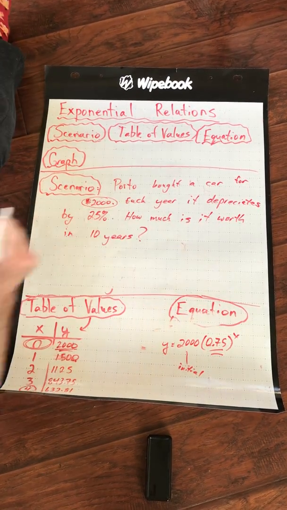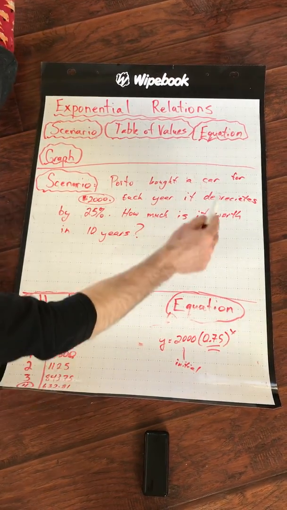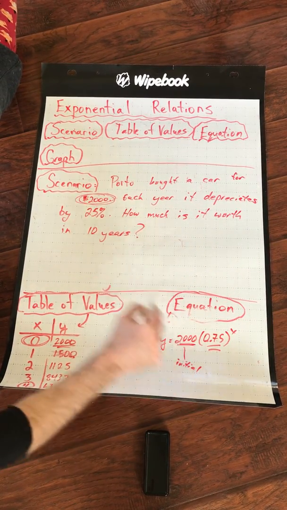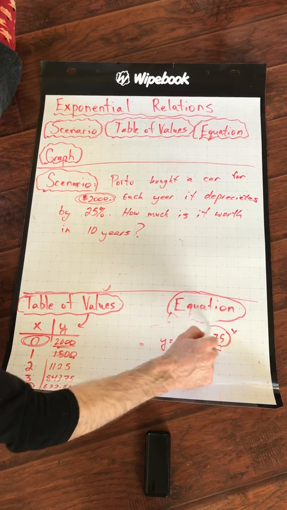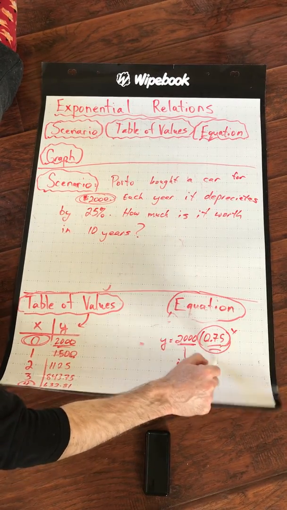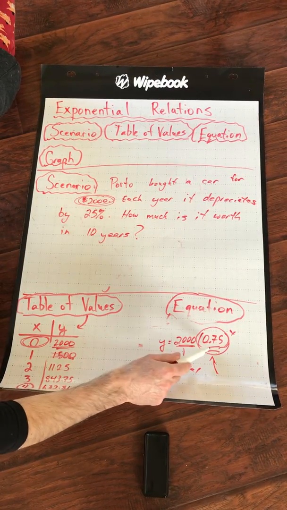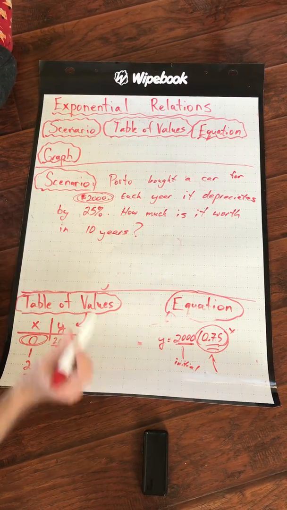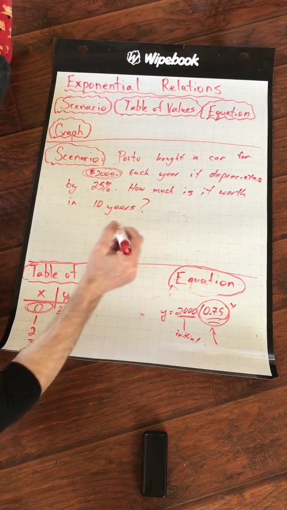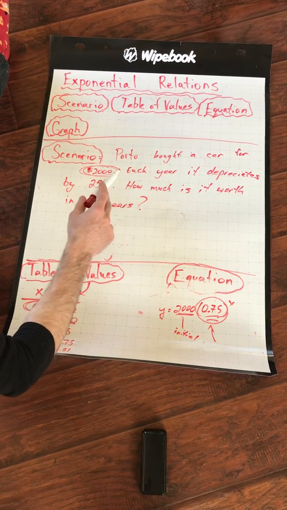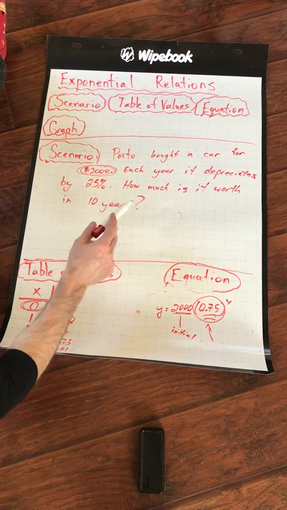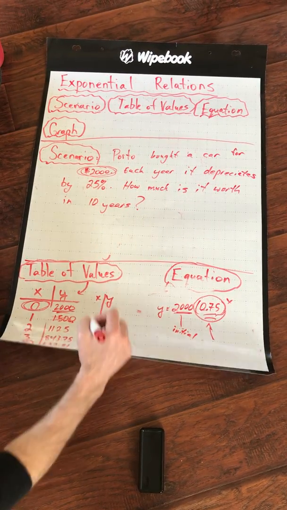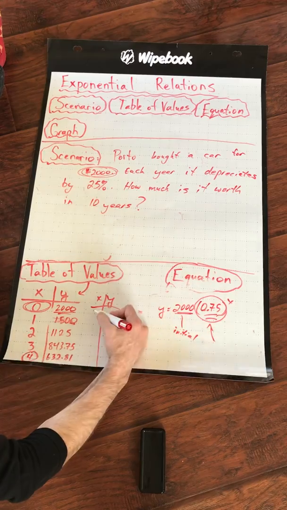So that would be a nice scenario that you can build. Notice all I care about is my initial amount is listed here. That's my initial amount. And there's a way of showing the growth rate. So my growth rate is 0.75, which means it actually went down by 25%. Okay? And now, so Porto bought a car for $2,000. Oh yeah, we just have to extend my table of values one more spot so that I have the answer of 10 years.